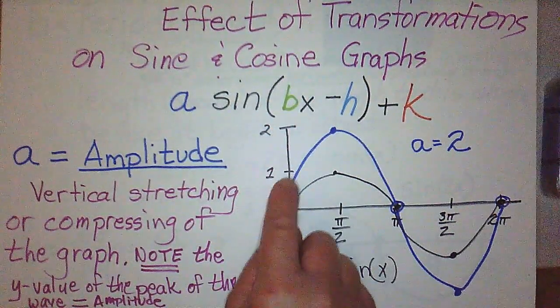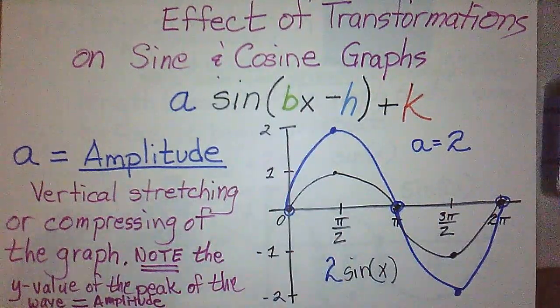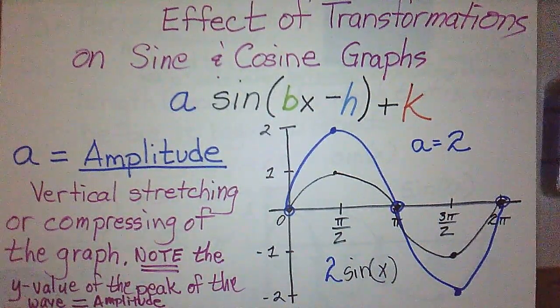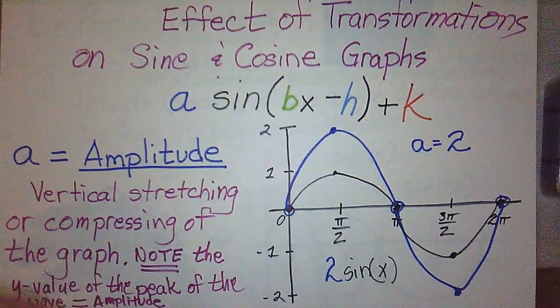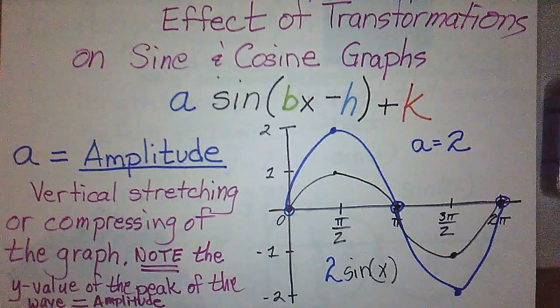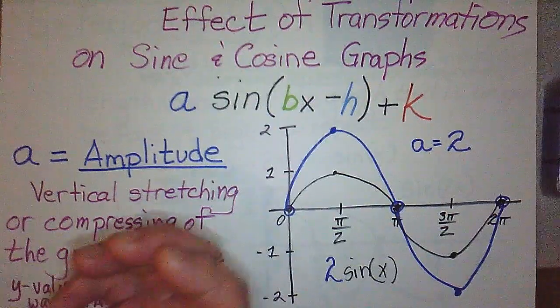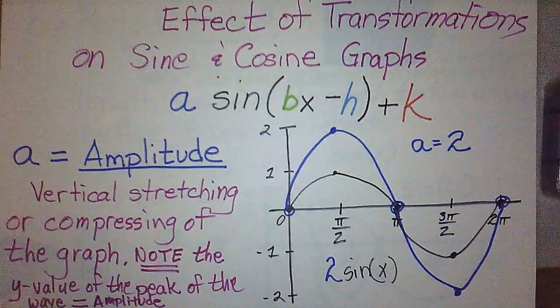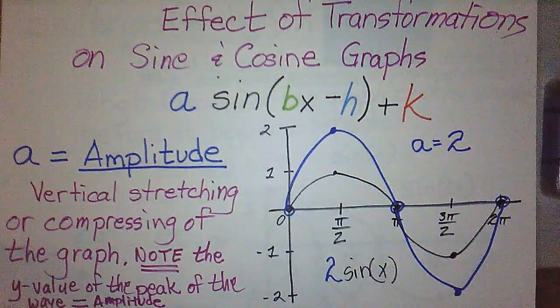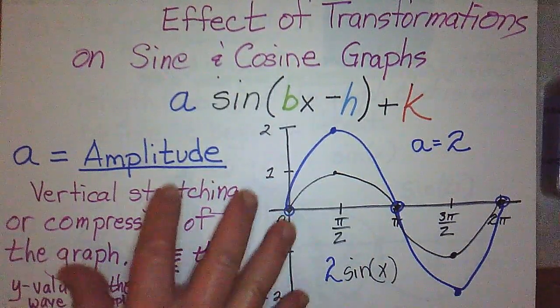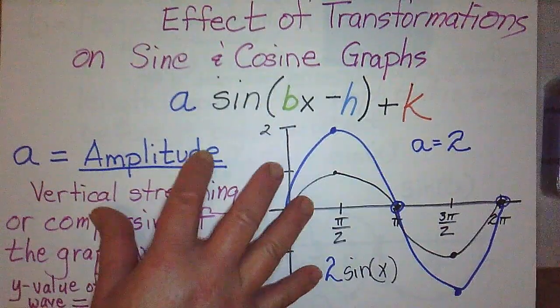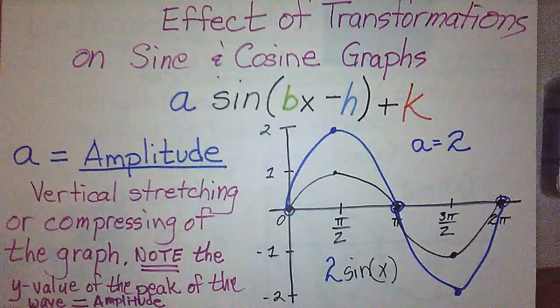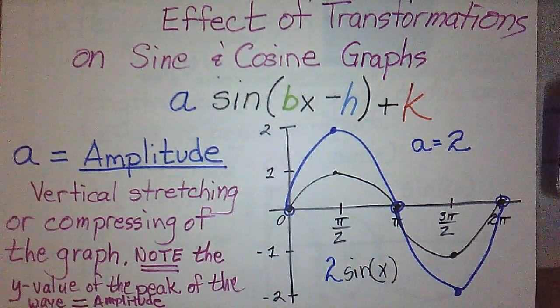Now, all the graphs that you will see are sine waves, but you need to understand that cosine waves have the same period. They're just slightly different than a sine graph. So we're showing you a sine graph, but all of these rules apply equally to a cosine graph as well.